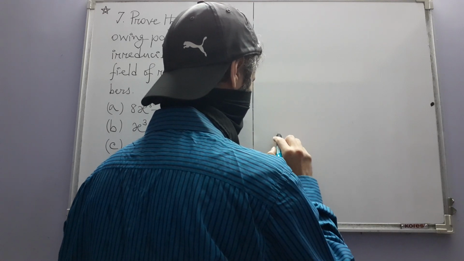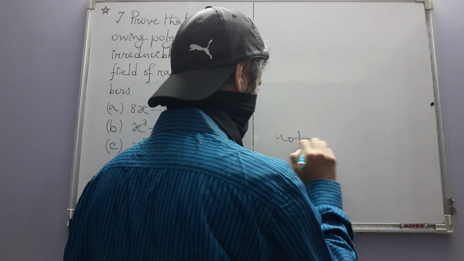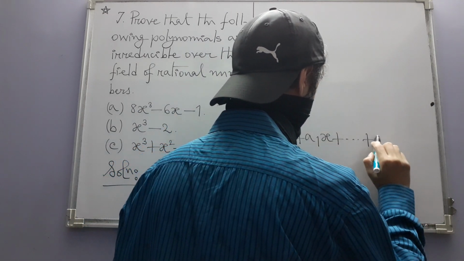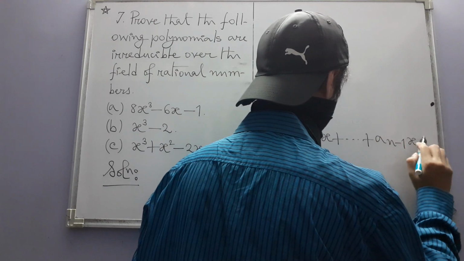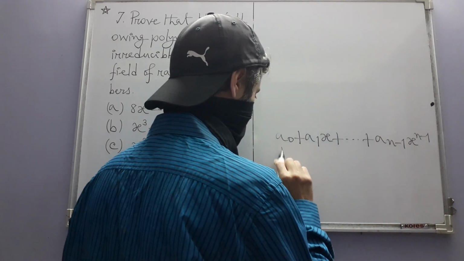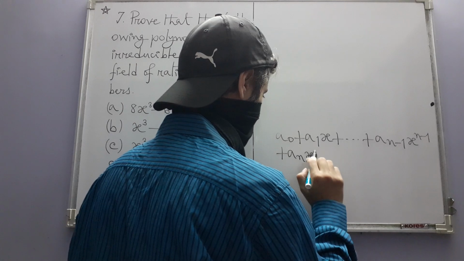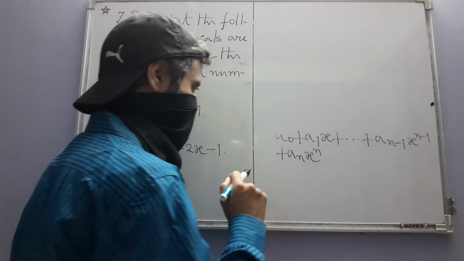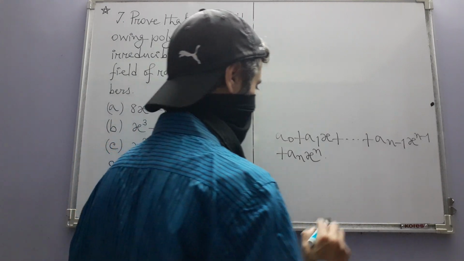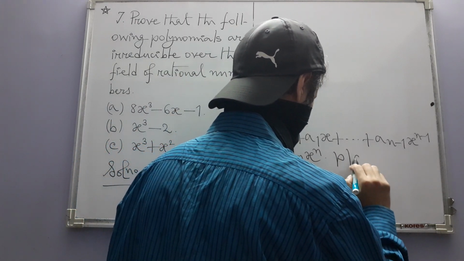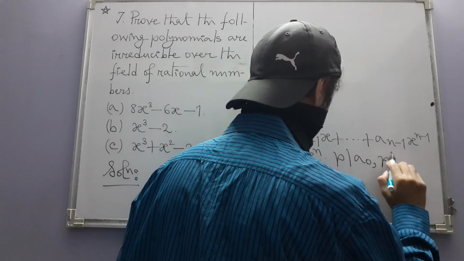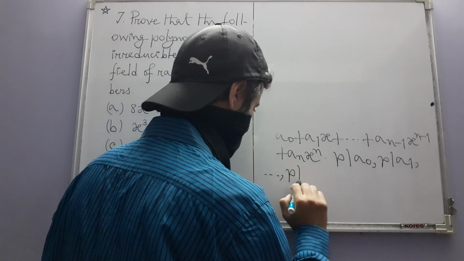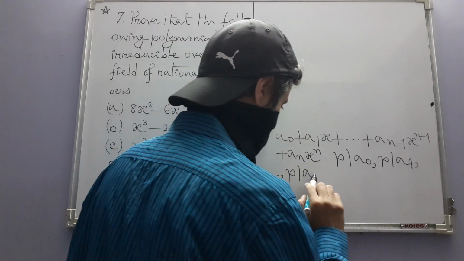What that criterion said is that, say, we have a polynomial with integer coefficients. That means these ai's are all integers. And suppose there is a prime number p which divides all these coefficients except the leading one.